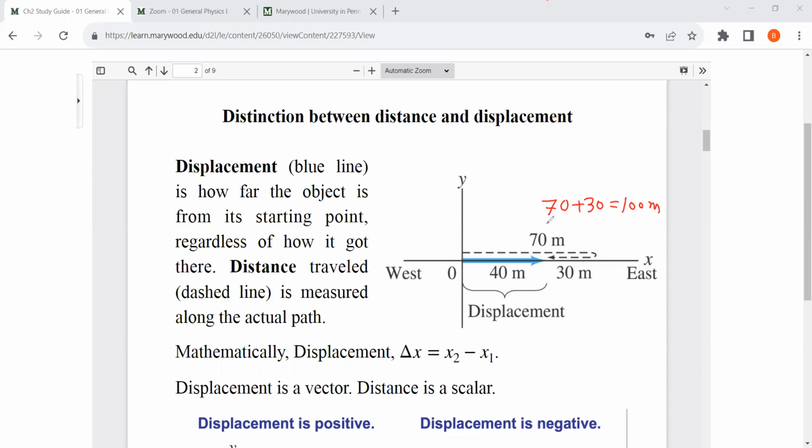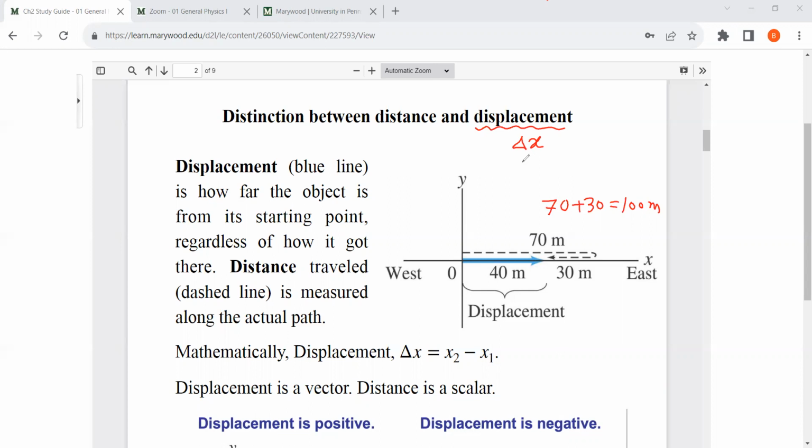So the displacement, again, to measure displacement we need a reference frame, and displacement mathematically in one dimension we represent it by using this symbol delta x. Okay, so delta x or delta y. If the motion is along the x-axis, we use delta x.